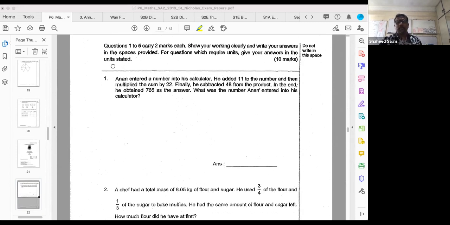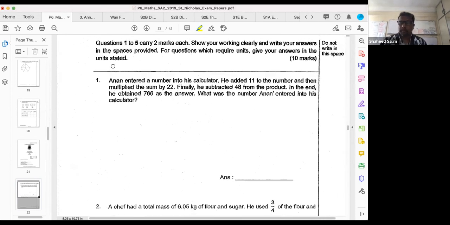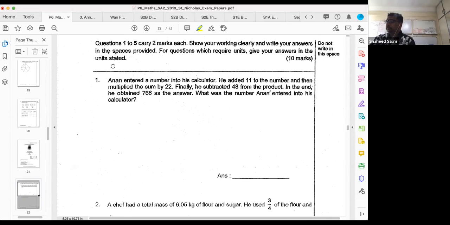Can try this one. Can use a calculator. 2 marks.